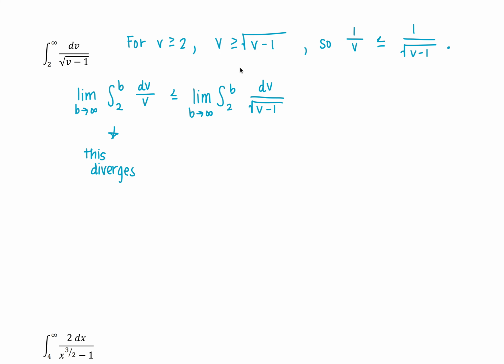Since the function that I'm looking at is greater than or equal to this, mine will also diverge. And that's kind of the other side of the direct comparison test, okay? If you can find a function that is smaller than yours and that function diverges, then so will your function.